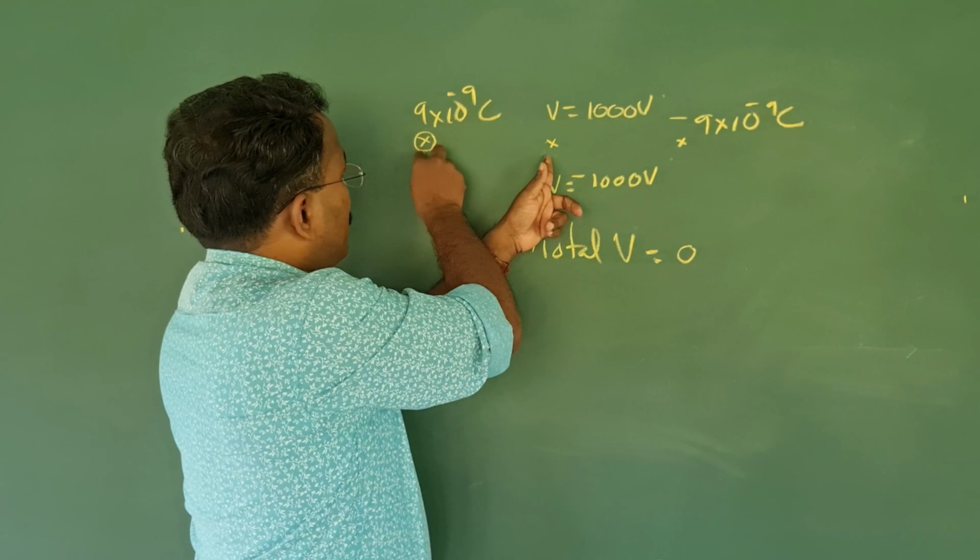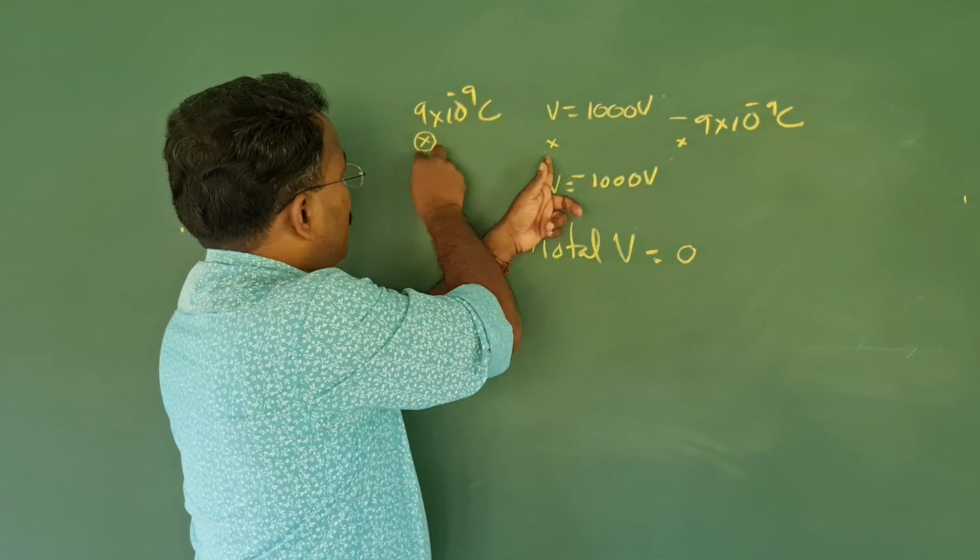Now can you guess one more equipotential surface? You can guess. If you reduce the distance to 4.5 centimeter, the potential will be doubled. So here, at this point, you have an equipotential surface with 2000 volts. I hope you can understand.